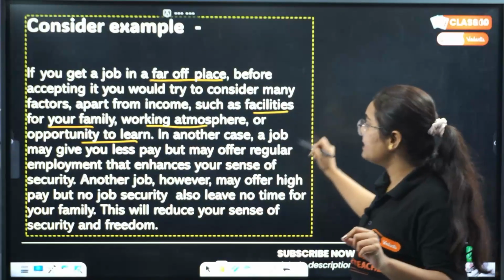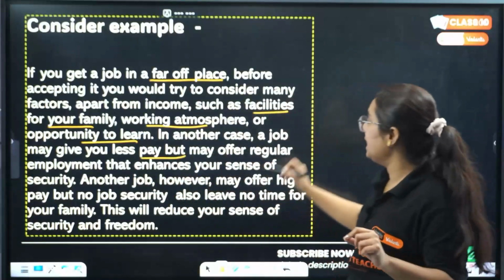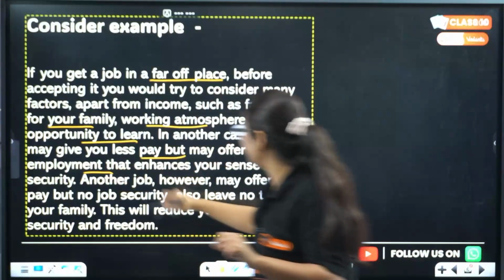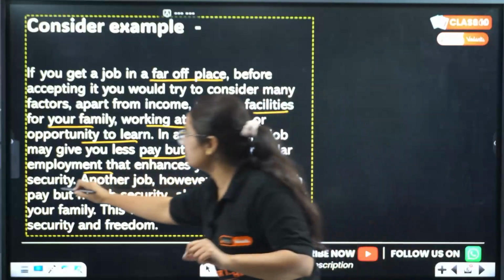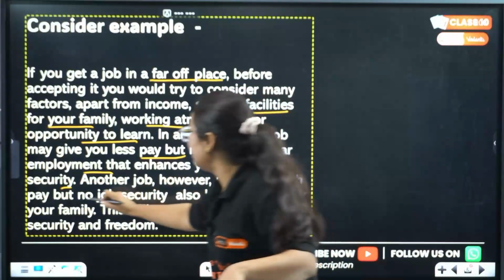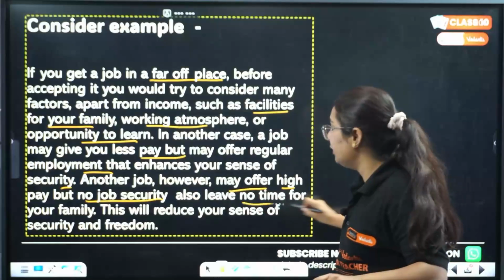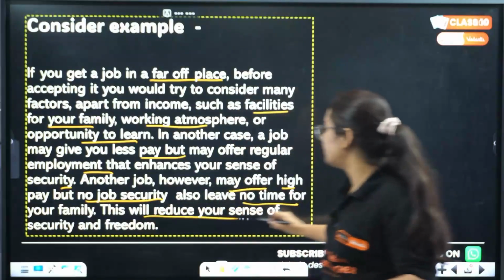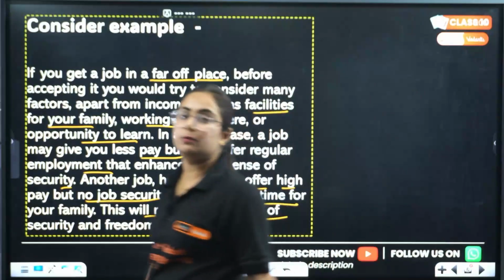In another case, a job may give you less pay but may offer regular employment that enhances your sense of security. Another job, however, may pay high but have no job security, leaving no time for your family. This will reduce your sense of security and freedom.